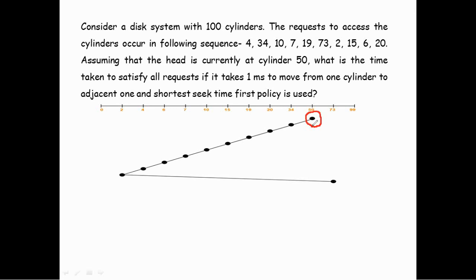In SSTF, the closest request to the initial head position is 34 and not 73, because if we compute the difference between 73 and 50, we get the value as 23. But if we compute the difference between 34 and 50, we get the value as 16.